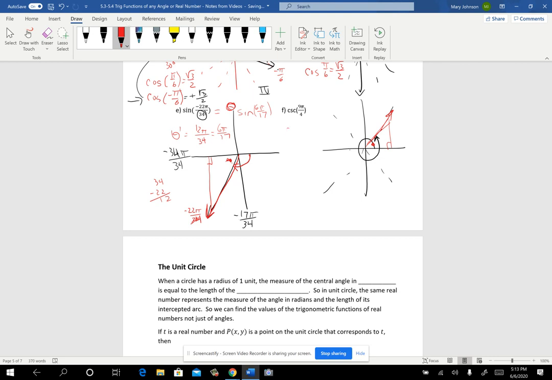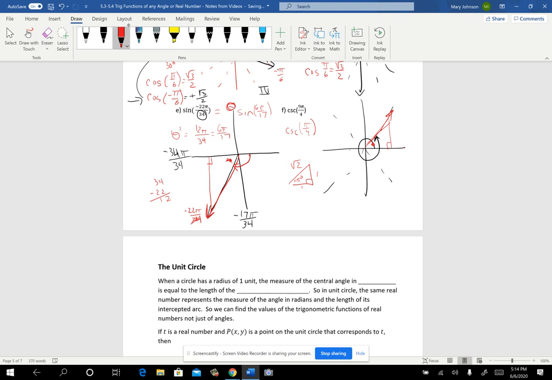So the cosecant of 9 pi over 4 should be the same as the cosecant of pi over 4. And see how it's in the first quadrant? That means it's going to have the same sign as that. Don't have to even adjust it. So now I just need to think about the cosecant of pi over 4. And that's really 45 degrees, so I'm going to be thinking about a 45-45-90 triangle.